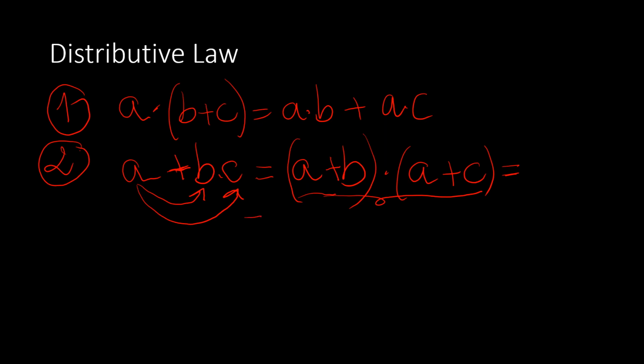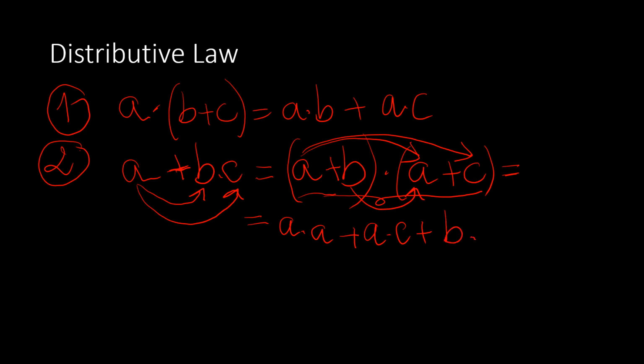So first we start with A as we do in ordinary algebra. So A and A, or now we AND A with C, or A and C, plus now B with A, plus B and A, now B with C, so plus B and C.